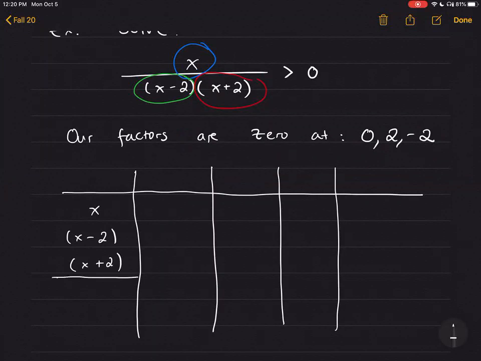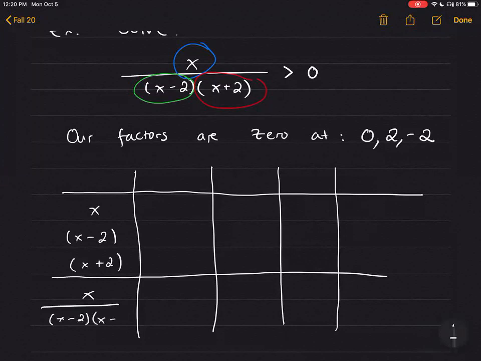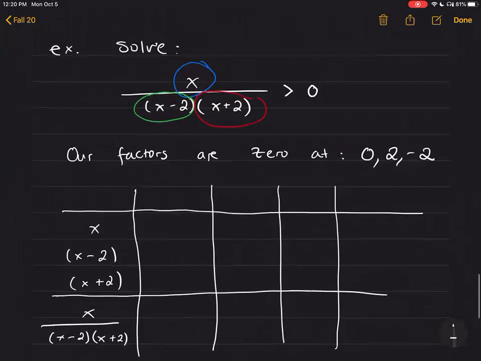And then lastly, we'll have the whole thing. All right, and then we want to break up our interval at 0 and negative 2. So the first one there is negative 2. So we do negative infinity to negative 2, and then negative 2 to 0, and then 0 to 2, and then 2 to infinity, like that. Okay, cool.